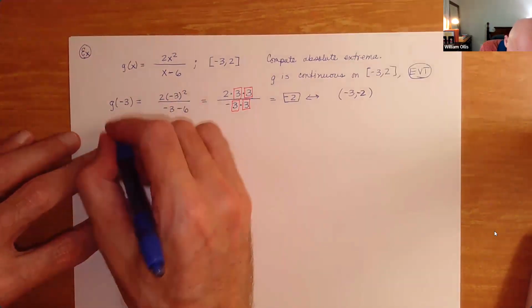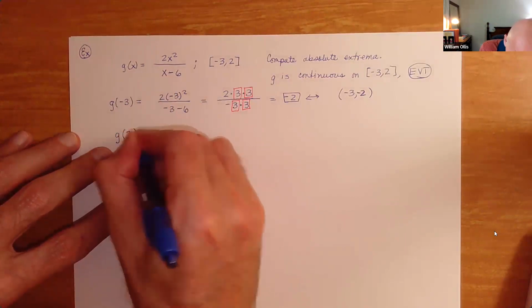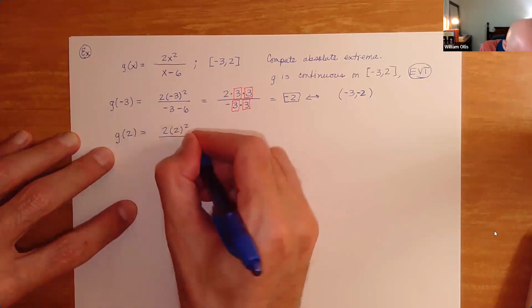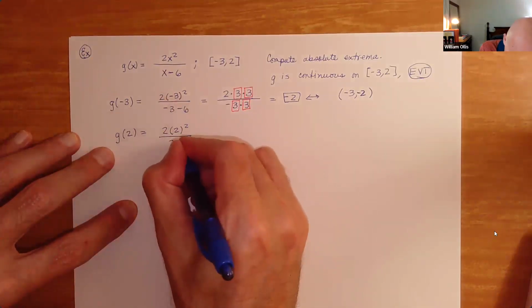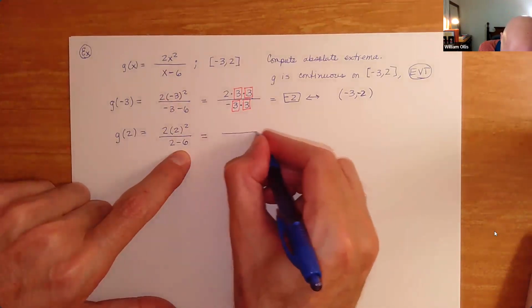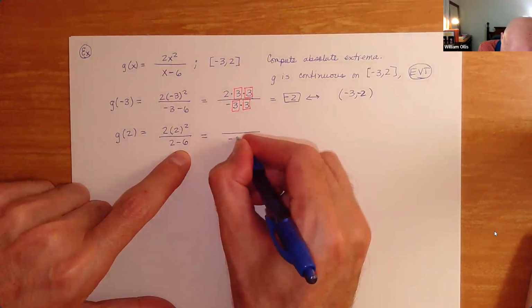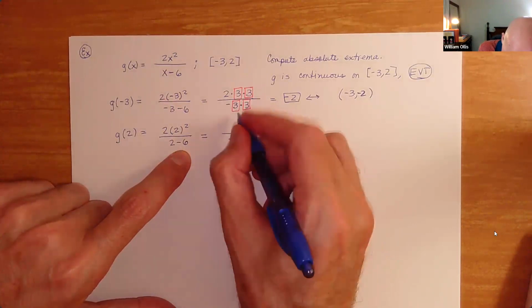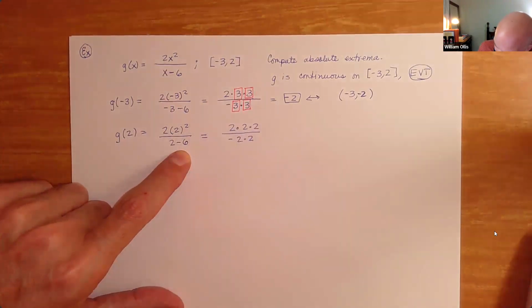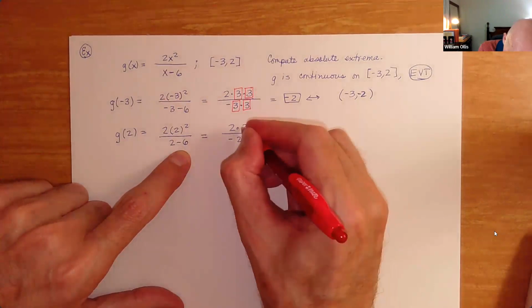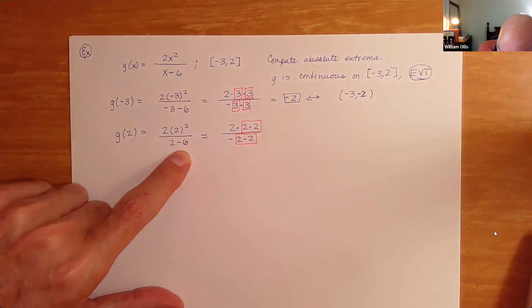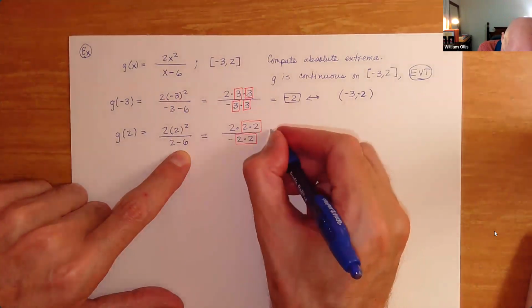Now let's go ahead and do g of 2. So we have 2 squared, and then we have 2 minus a 6. So that gives us a -4. So we can just do -2 times 2. And then, of course, here we just have a bunch of 2's. Same thing again, kind of an interesting little problem. So all of these 2's, I'll just do a bigger box here. So notice here we also get a -2.